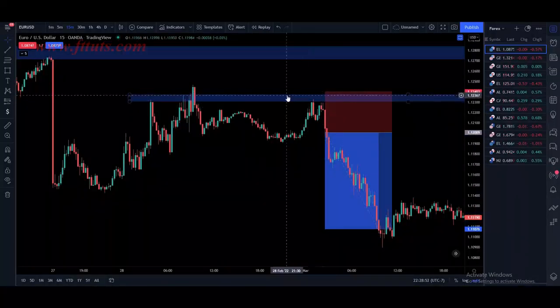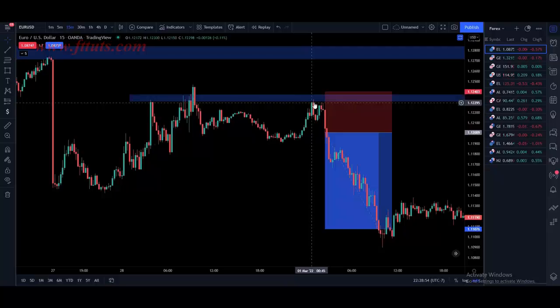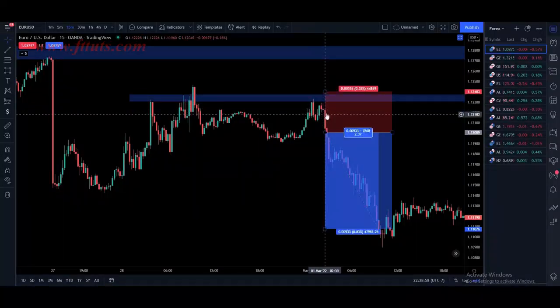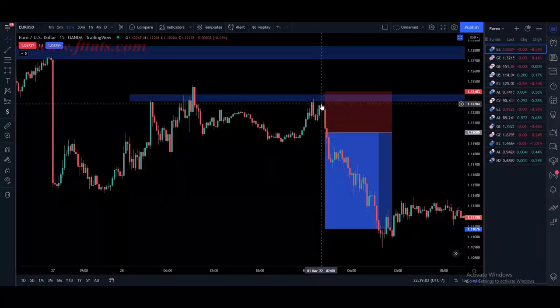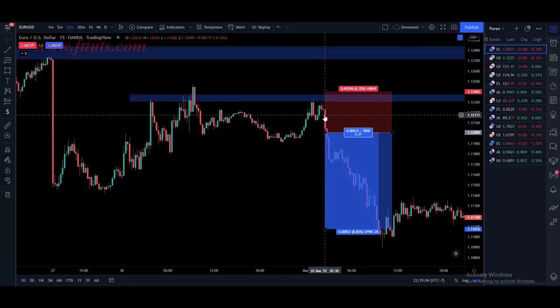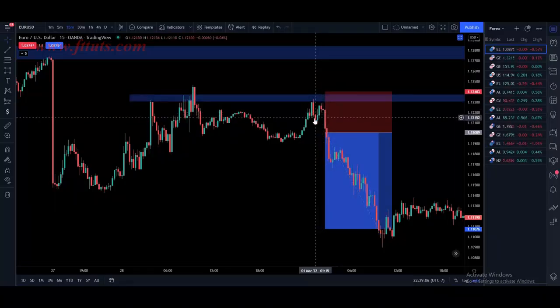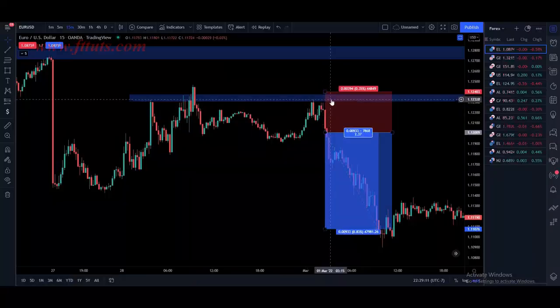Okay, the structure can be the key area, the structure can be the double top, the structure can be the candle before your entry candle. If you're looking at a doji, if you're looking at a momentum reversal, if it is an engulfing candle pattern and the previous candle is higher, it can be that area.